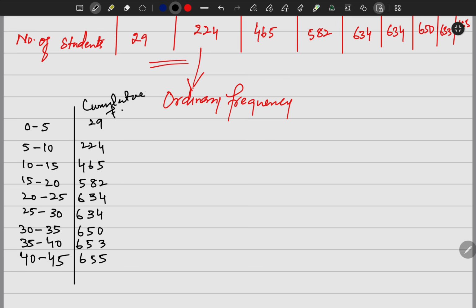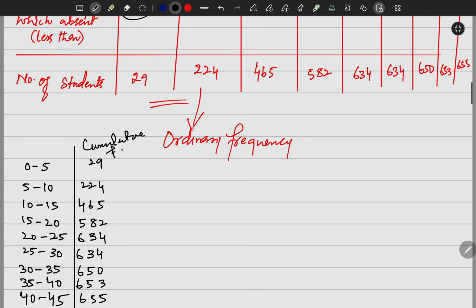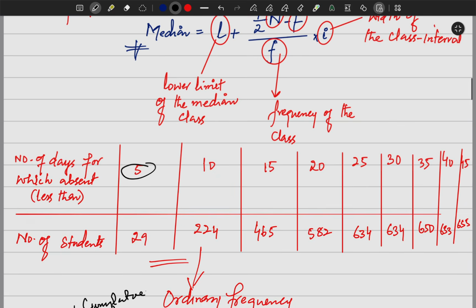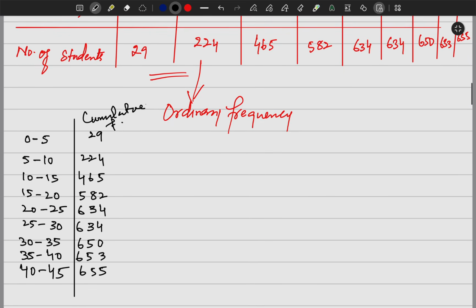Okay, now so now what you have to check, you have to check the median. So you have the cumulative frequencies here. So what we will do, we will find the ordinary frequency.